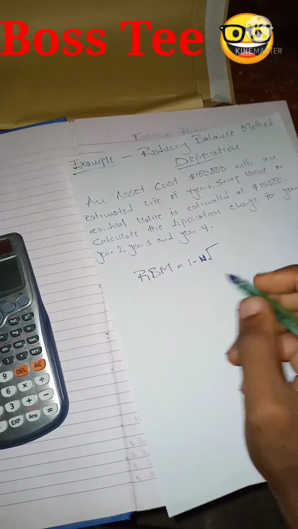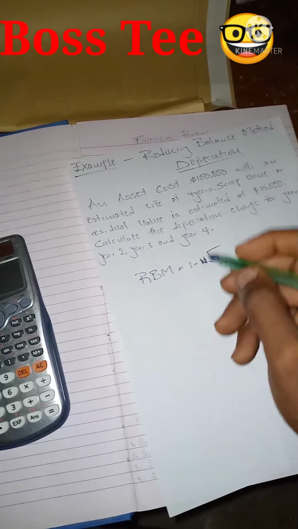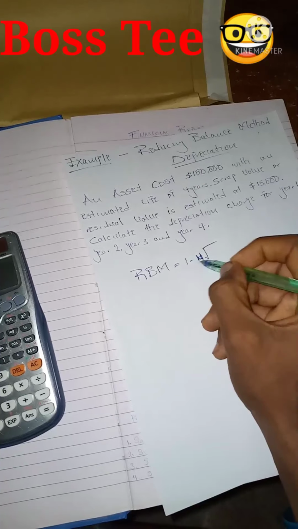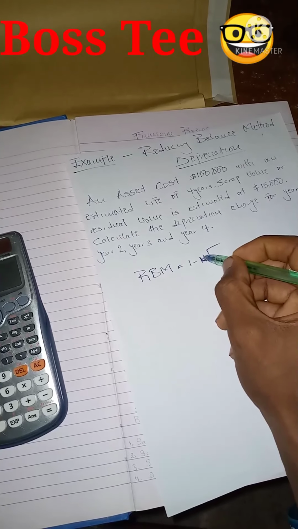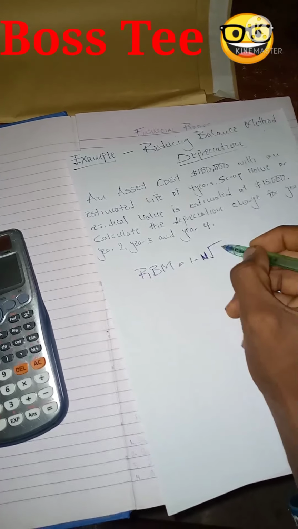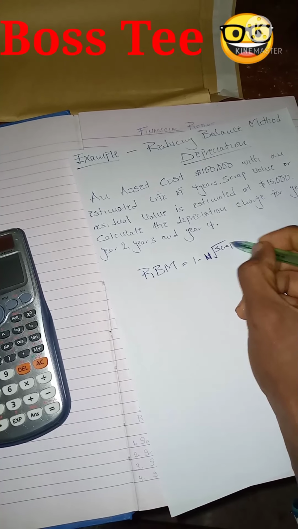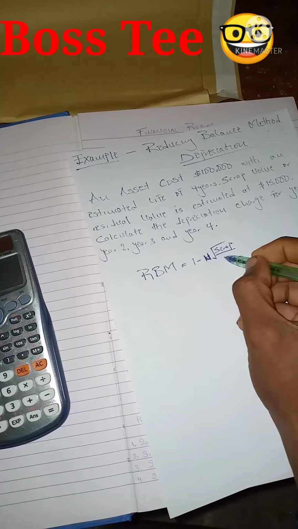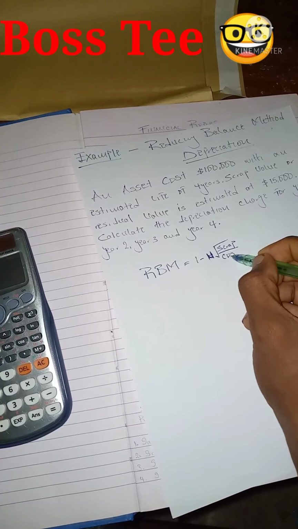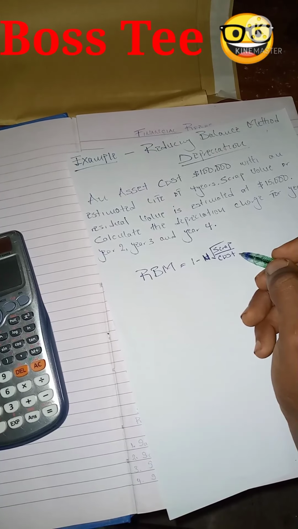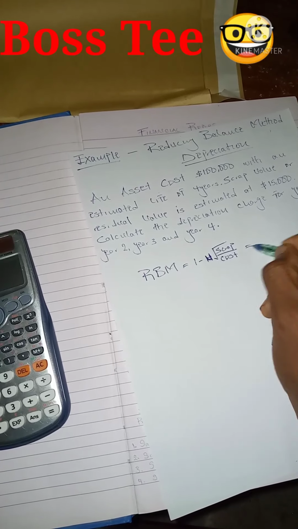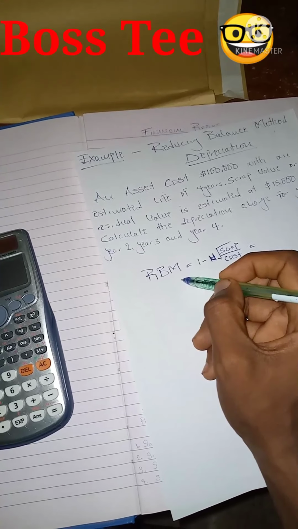But for the reducing balance method, we say 1 minus the nth root, where n is the number of years, of the scrap value upon the cost of the asset. It gives you the reducing balance rate.